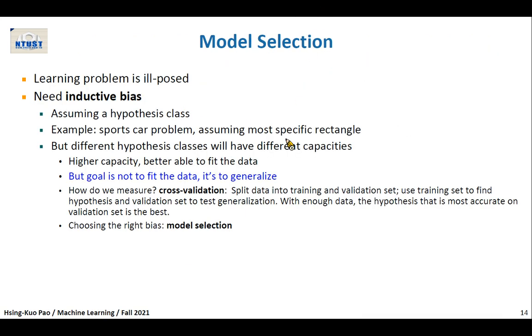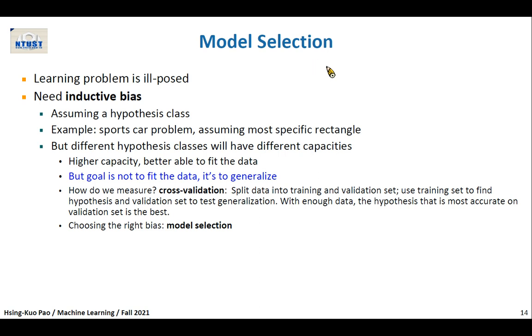So then, model selection. Model selection is usually translated to how to find out what could be the best model, which means we also need to consider the hypothesis space, the assumption, and how to choose the best assumption.